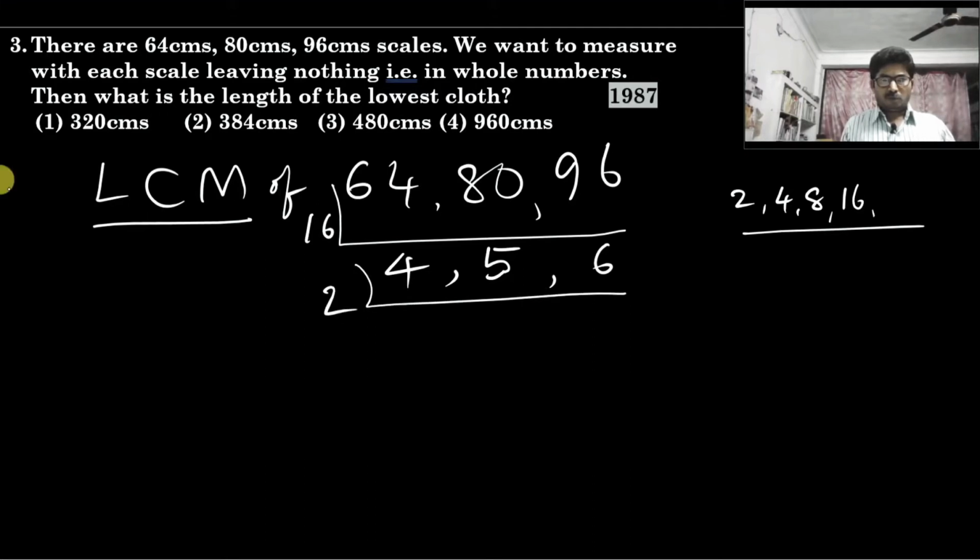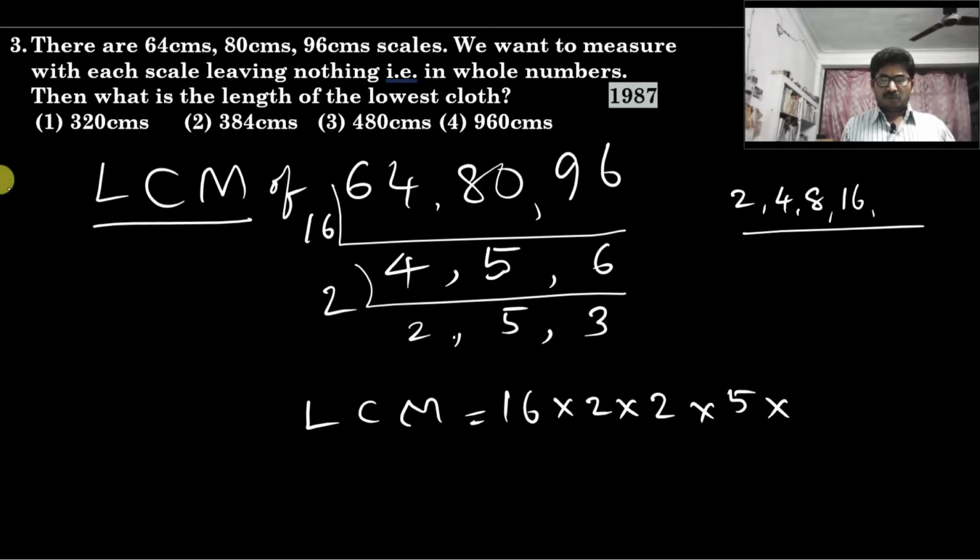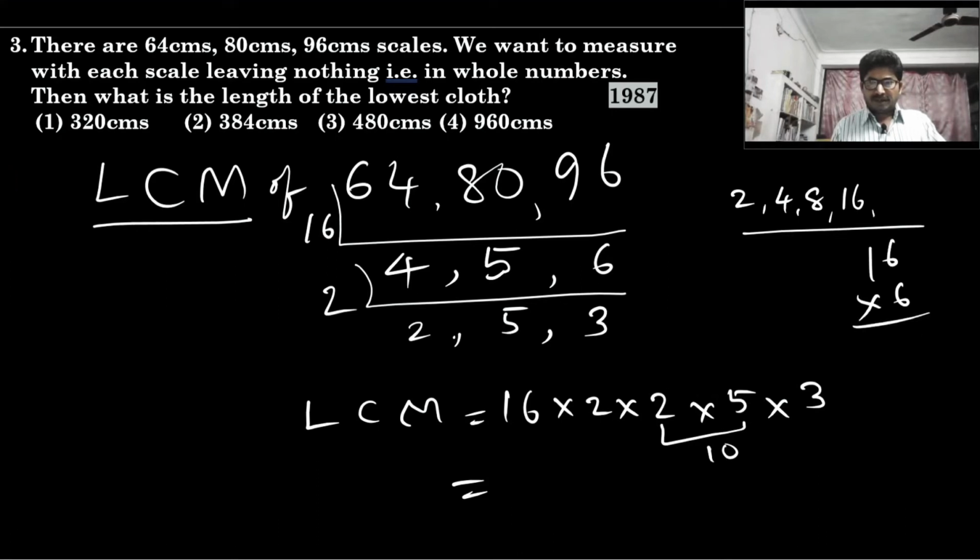Now the 2 table: 2 twos are 4, bring down 5, 2 threes are 6. These are co-primes, that's why now we can find the LCM. 16 into 2 into 2 into 5 into 3. 16 sixes are 96, and we have to write the 0 beside this 96.